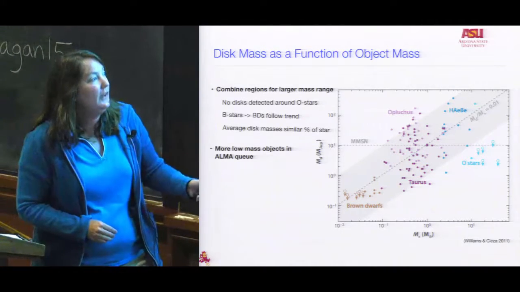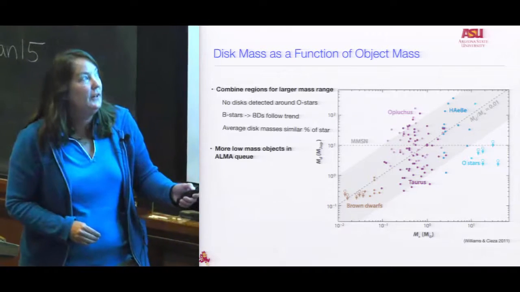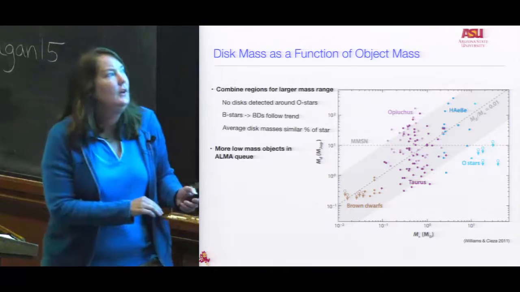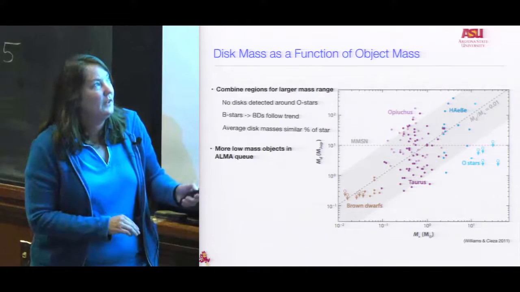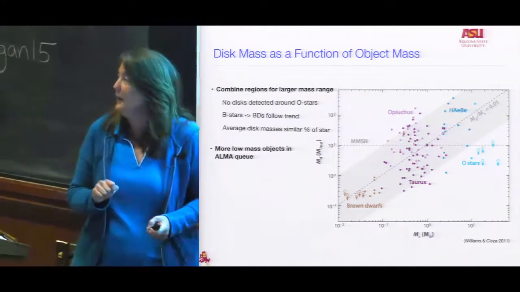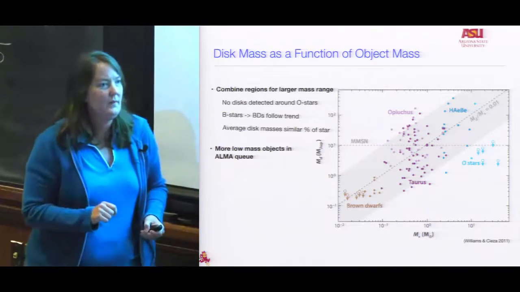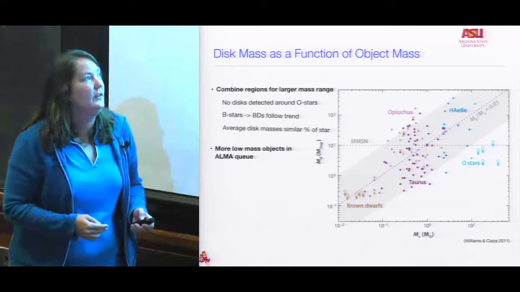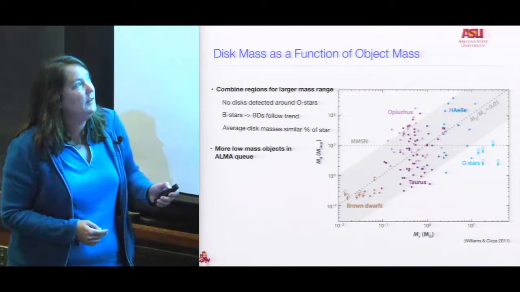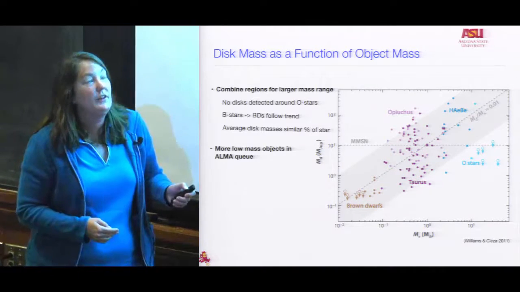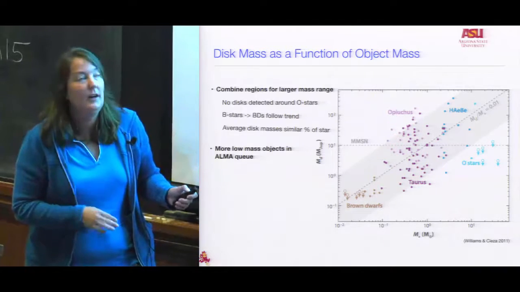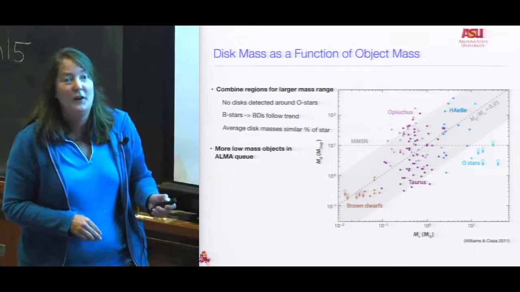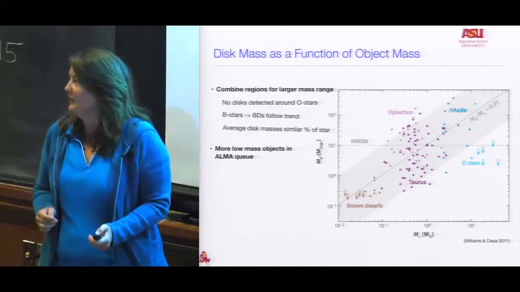It's again the disk mass as a function of object mass, but the Taurus and Ophiuchus surveys that were available a couple of years ago have been combined with searches of individual nearby Herbig AeBe stars, with their disk fluxes converted with their known distances into masses. And so you see a continuation of this trend of higher disk mass with higher central object mass until you get to the O stars, where there were simply no detections at all.